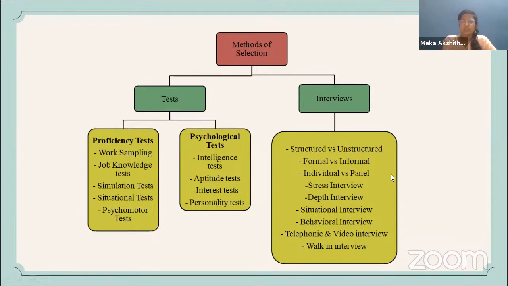Then comes the depth interview. This is taken only when the candidate is from one particular field.